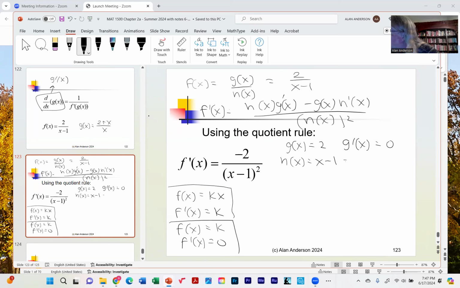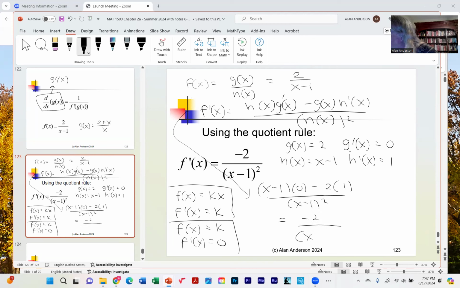So that means h prime of x here is just 1. So when I plug that into this really messy formula, I'm going to get x minus 1 times 0 minus 2 times 1, all over x minus 1 squared, and I end up with minus 2 over x minus 1 squared.